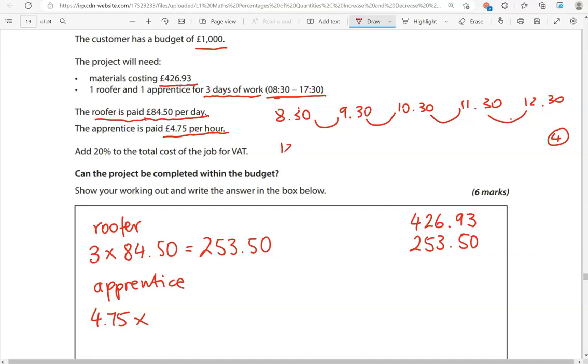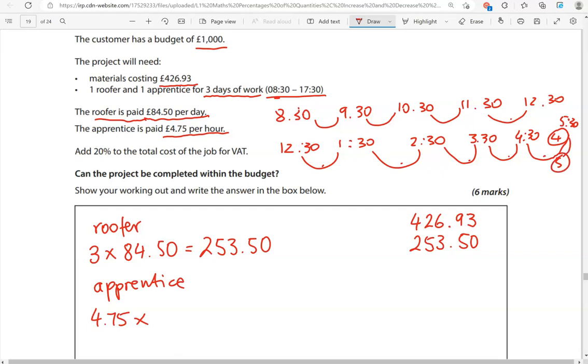Now from 12:30 to 1:30 to 2:30 to 3:30 to 4:30 to 5:30, that will be 1, 2, 3, 4, 5 hours. So 5 and the 4, that makes 9 hours.